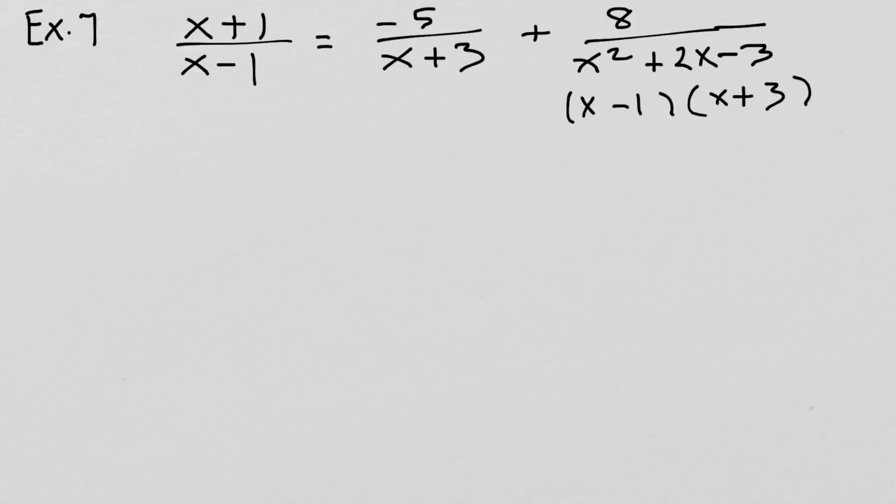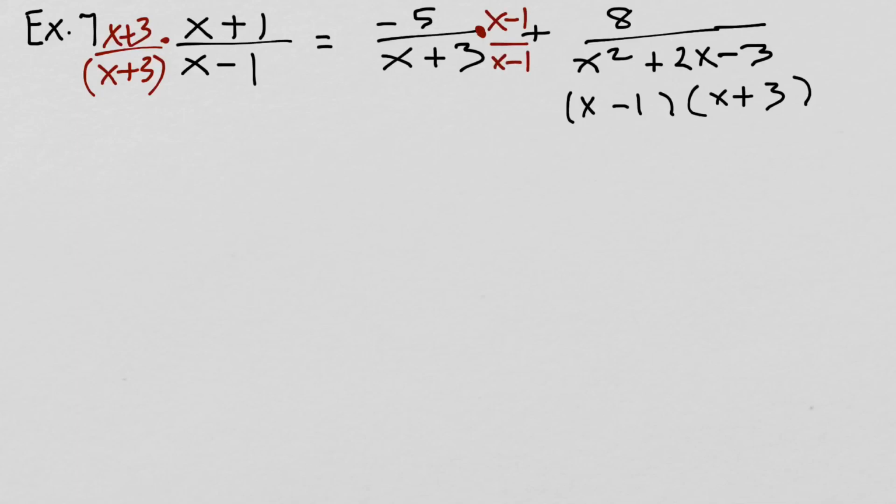Now, if I look over here, I've got an x minus 1, and here I have an x plus 3. So each of these is missing one of the factors. Remember, I can only add factors, so I need to multiply this one here by x plus 3, and I need to multiply this one here by x minus 1.